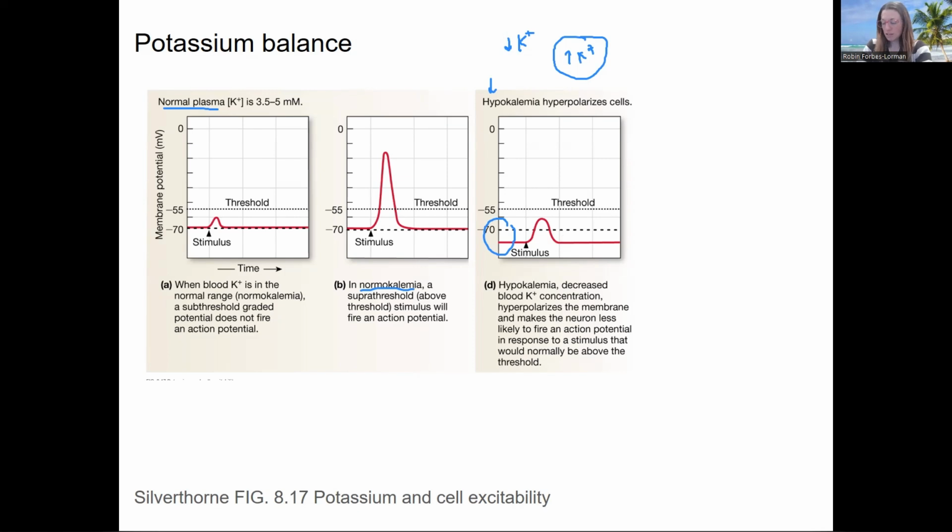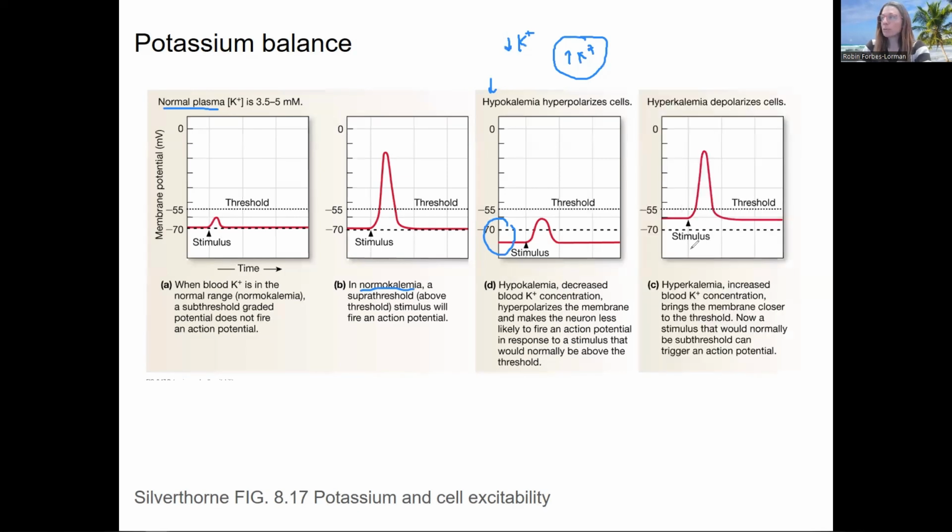The other end of this then is hyperkalemia. This is when potassium is too high in the blood, right? This is even more dangerous, especially for the rest of the body, like muscles, because it makes excitable tissues more excitable initially. So it's actually depolarizing cells, right?